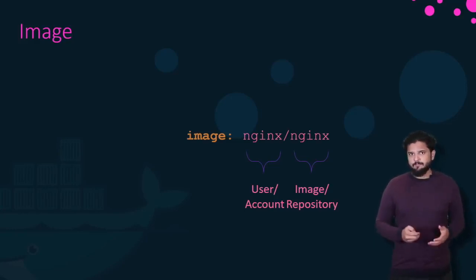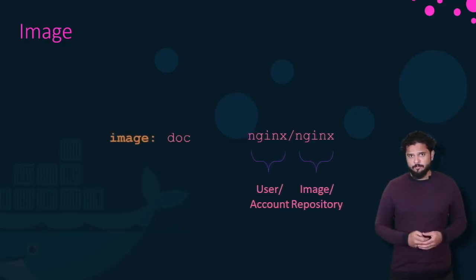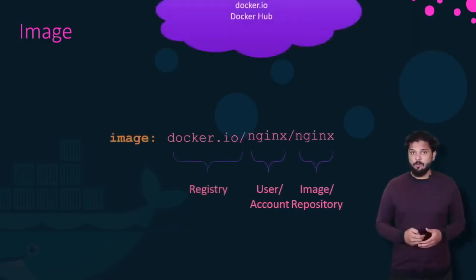Since we have not specified the location where these images are to be pulled from, it is assumed to be on Docker's default registry, Docker Hub, the DNS name for which is docker.io. The registry is where all the images are stored. Whenever you create a new image or update an existing image, you push it to the registry, and every time anyone deploys this application, it is pulled from that registry.